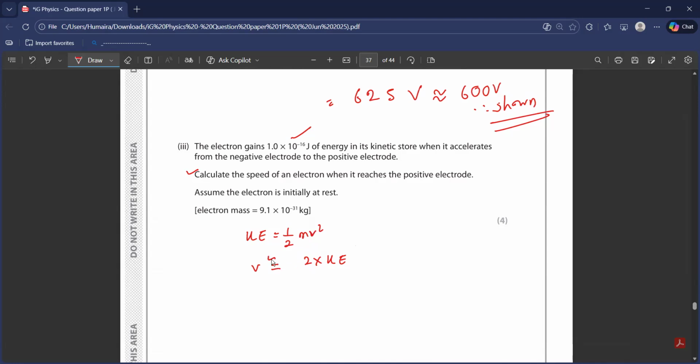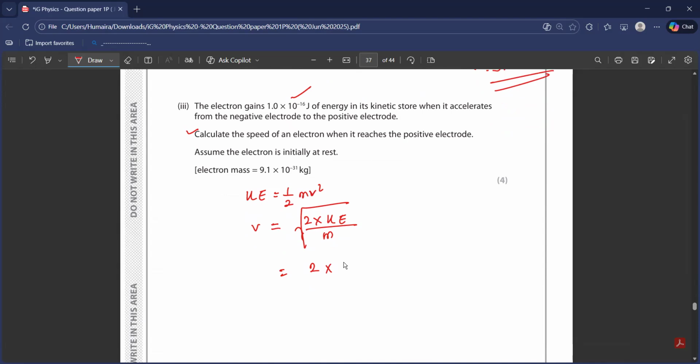Basically, the square goes to the other side, so it becomes a square root, divided by m. Then we just put everything in. Kinetic energy is 1.0 times 10 to the power minus 16 divided by mass, 9.1 times 10 to the power minus 31. Let me put this in the calculator.